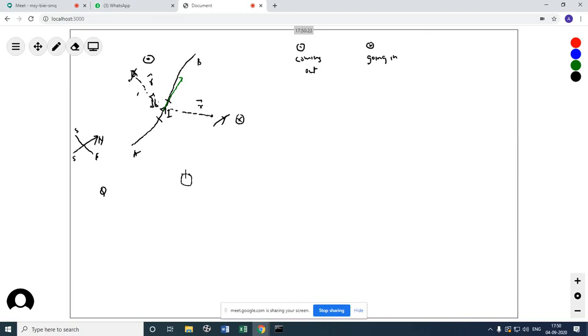Now a question. Let's say this is a current carrying wire with a dot.